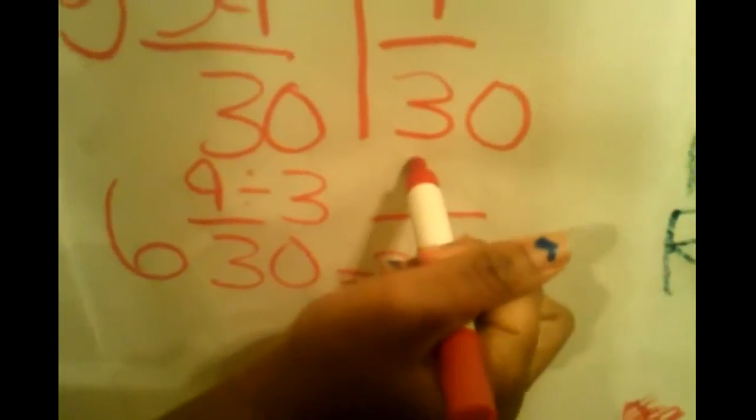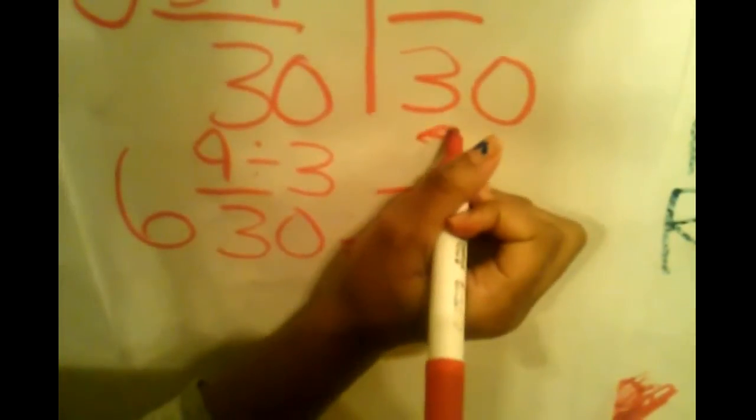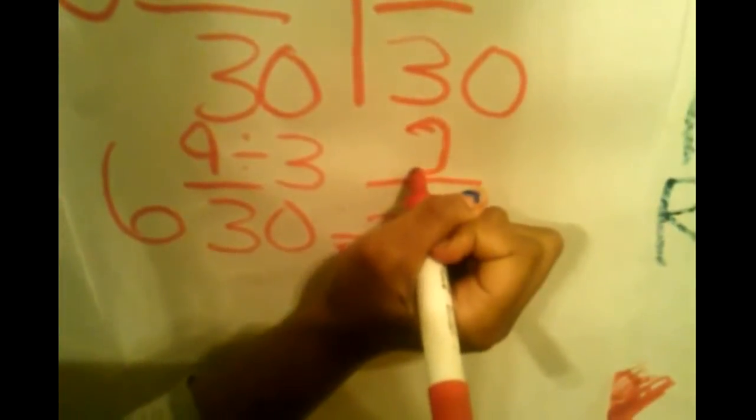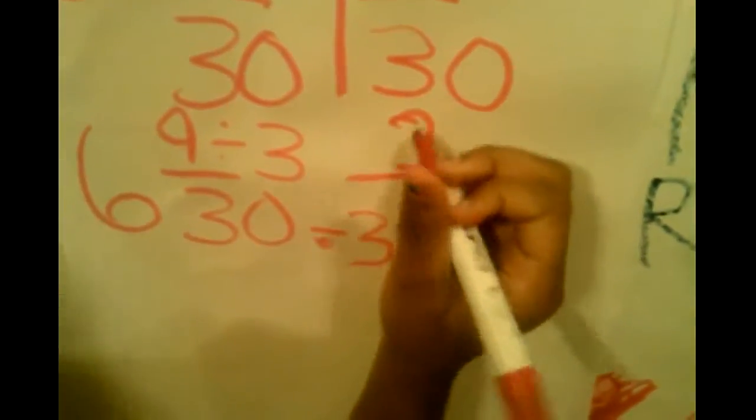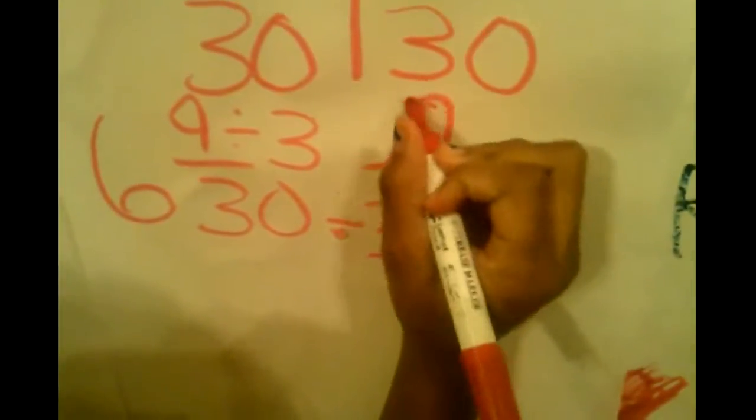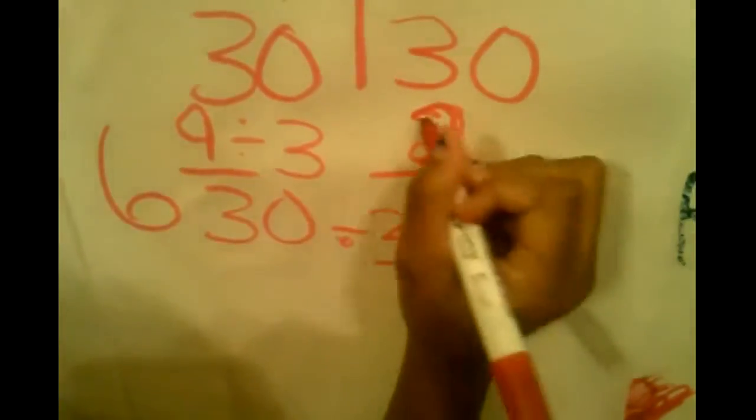So 9 divided by 3 equals 3. Then how many times can 3 go into 30? It's 10 times. So then you have 6 and 3 tenths.